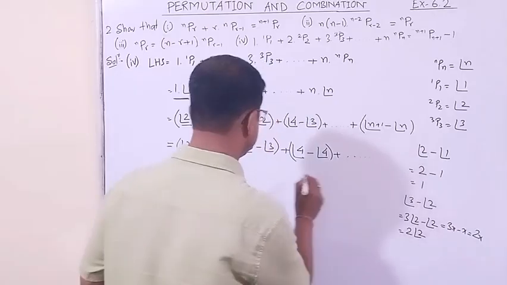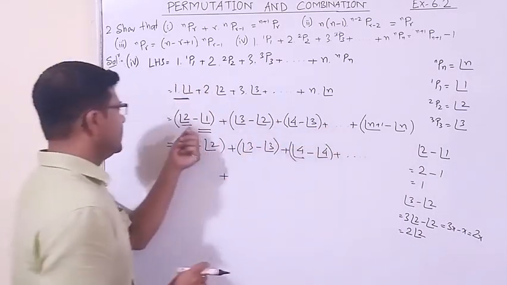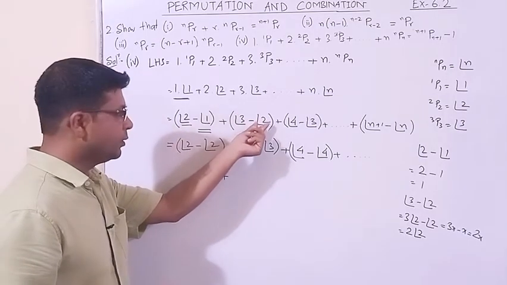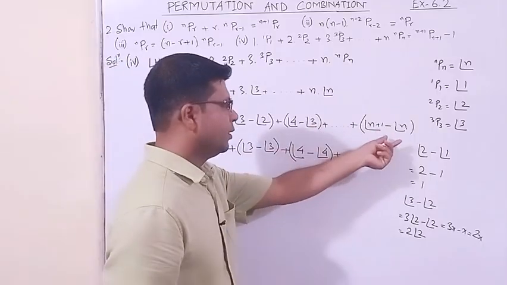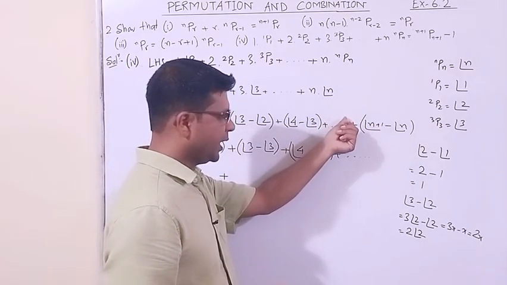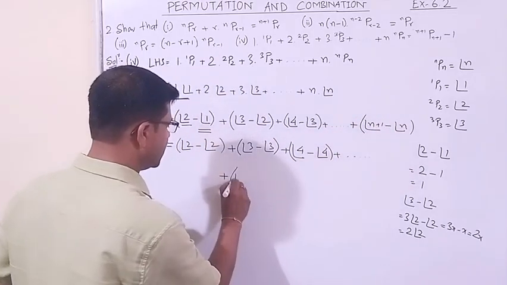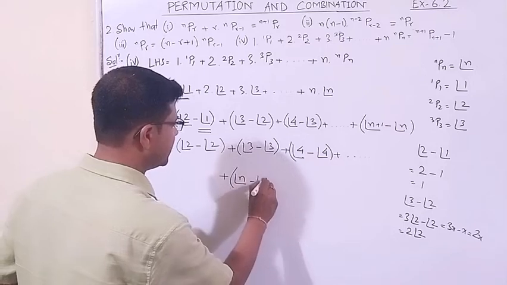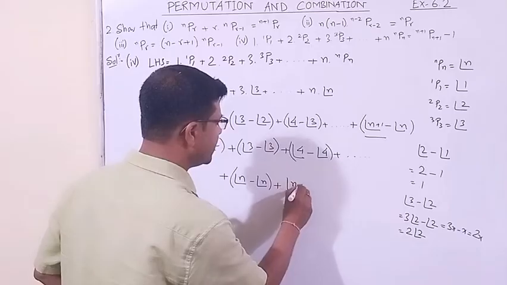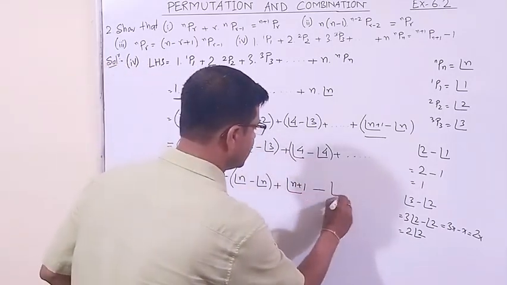If we go on, then there is another term, you see, this is the factorial 2 of the first term, then factorial 2 of the second term. Then of this term there is a preceding term, there is factorial n of here minus factorial n of that term. Let us write in that way, factorial n minus factorial n plus, and then what is left? By the way, this factorial n plus 1 is left, and this factorial 1 is left, minus factorial 1.